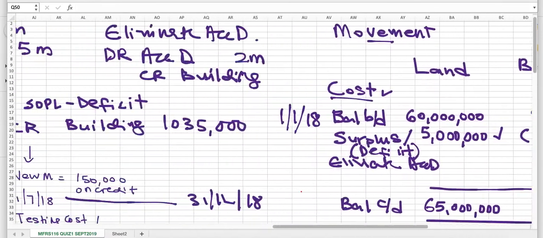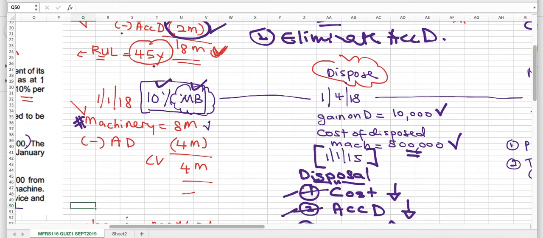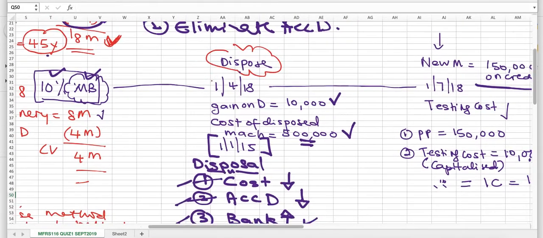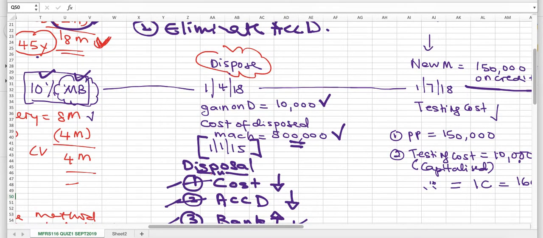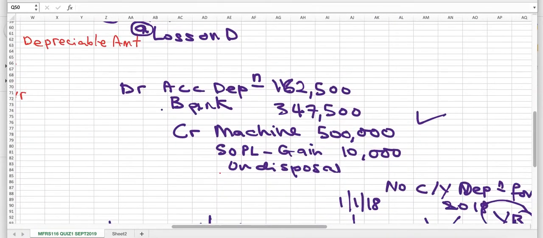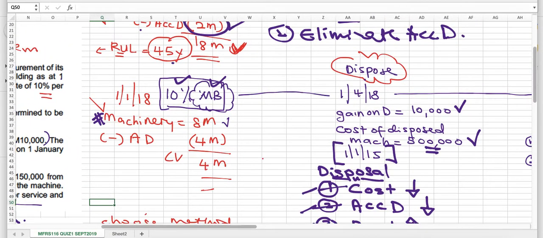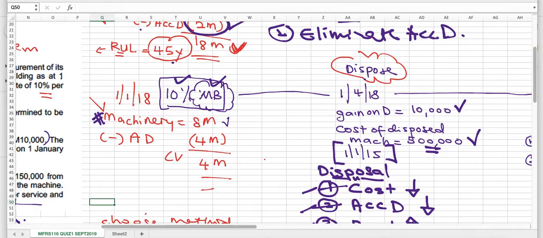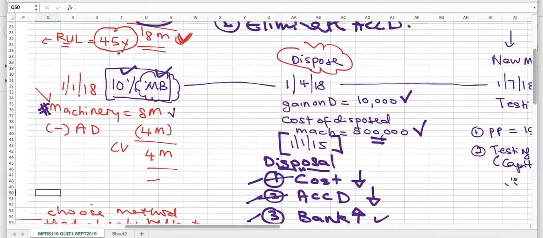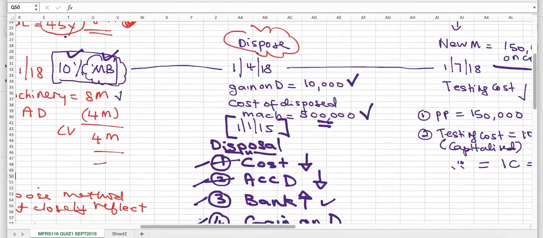Okay, we move on to the machinery. Machinery has many transactions because you dispose and then bought a new machine. So you have done the journal entry for the disposal. For machinery, fair value is not given, so you don't do it. It's not provided, then you don't do.